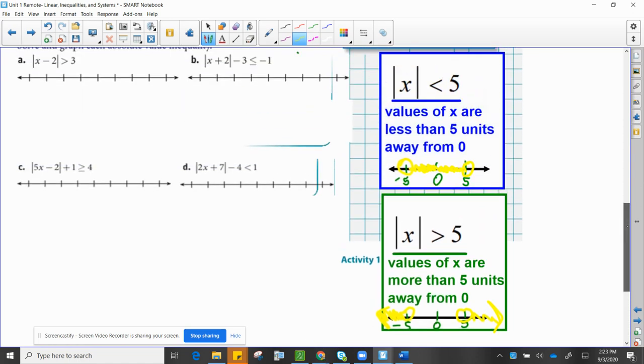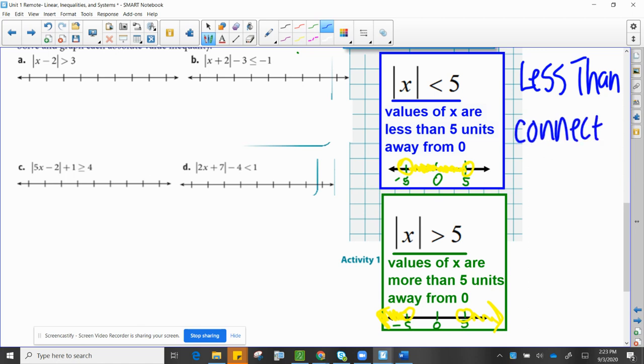Okay, so a little trick that I'm going to tell you guys when we're graphing these. Anytime you have a less than sign, you're going to shade your numbers by connecting them. And anytime we have a greater than sign, you're going to shade away from the numbers.